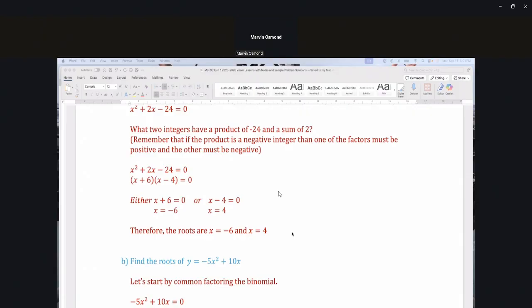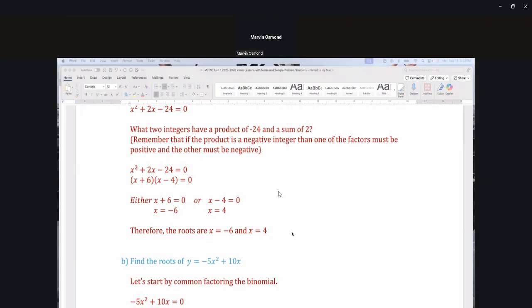When it's simply a trinomial like x squared plus 2x minus 24, that will only give us the y-intercept. And if we factor x plus 6 times x minus 4, that will give us the x-intercepts, which are sometimes called roots and sometimes called zeros. It depends on the problem we're trying to solve, but most people refer to them as roots or zeros.